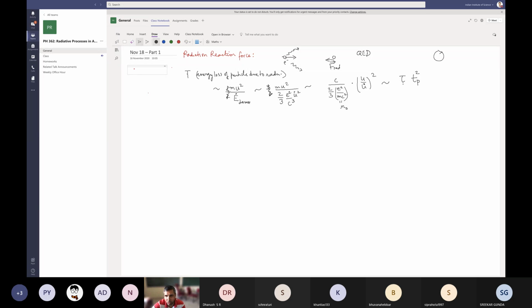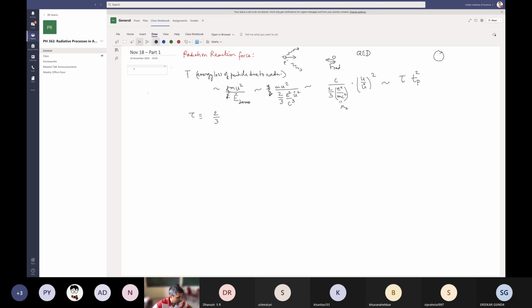And this is tau. Now this tau is actually a fundamental constant, and this is equal to 2/3 just a second. Let me not forget order unity factors, because this is a definition.